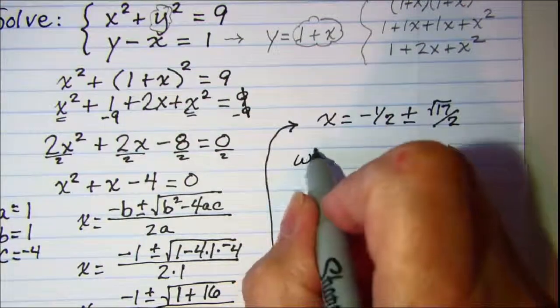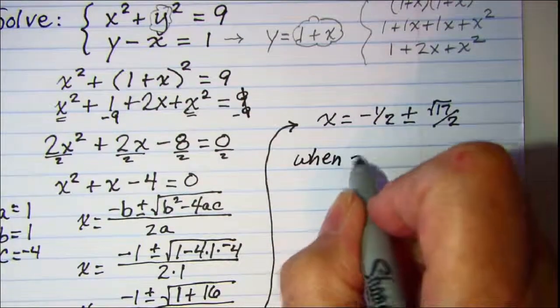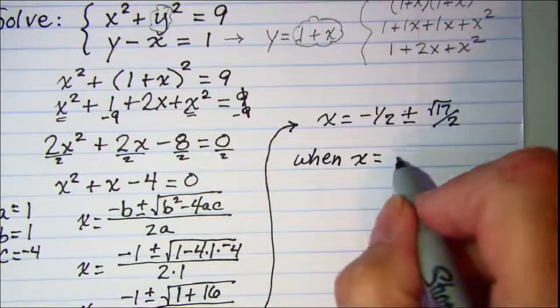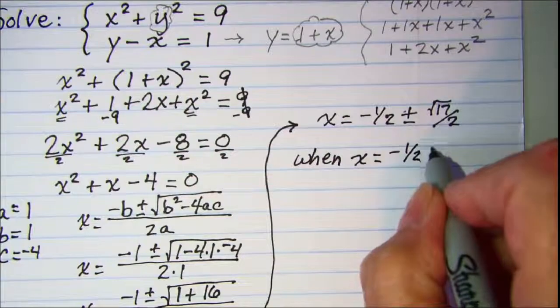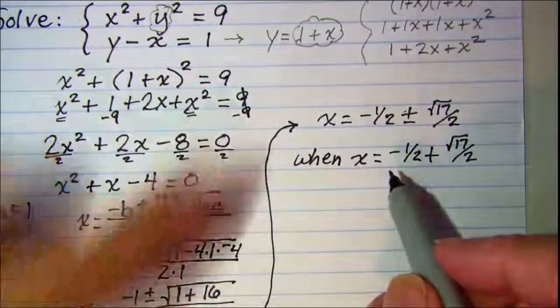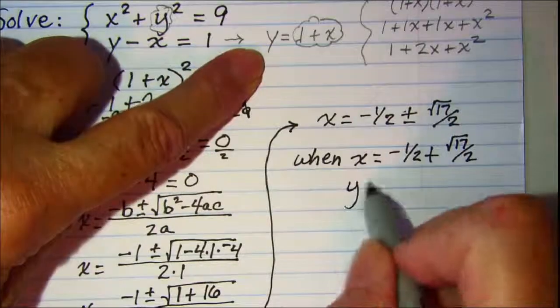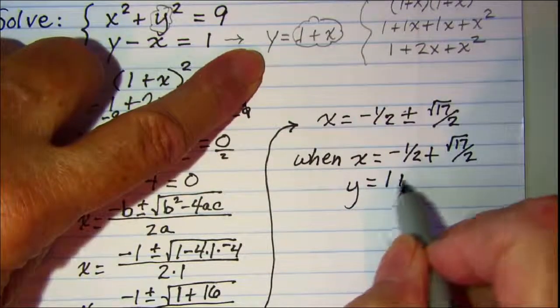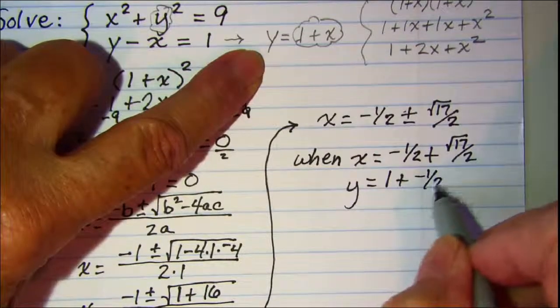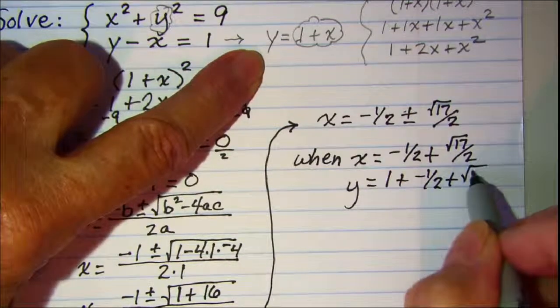When x is equal to, let's take the plus part first, negative 1/2 plus root 17 over 2, then y is equal to 1 plus that x value. So negative 1/2 plus root 17 over 2.